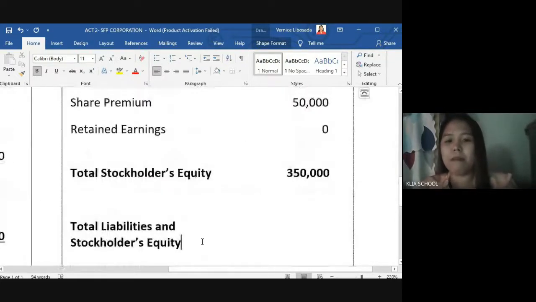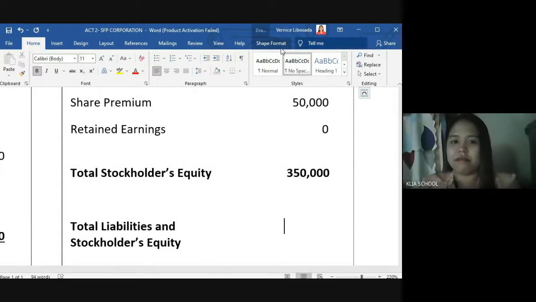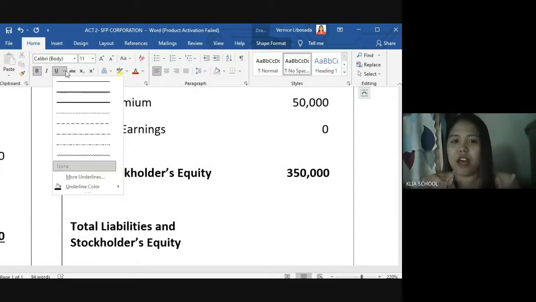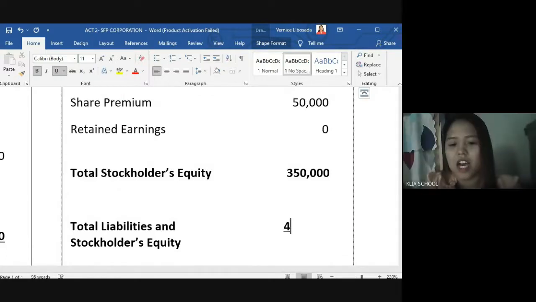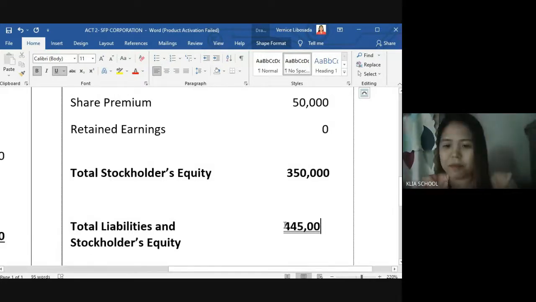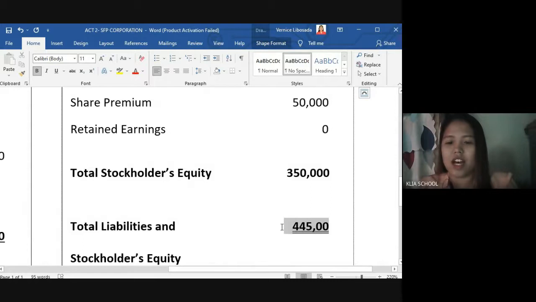And then, how about the total liabilities and stockholders' equity? Prince. 445,000 po. Okay, 445,000. So, is it now balanced na po? Balance po? How about the others? Balance lang sa inyo? Okay.